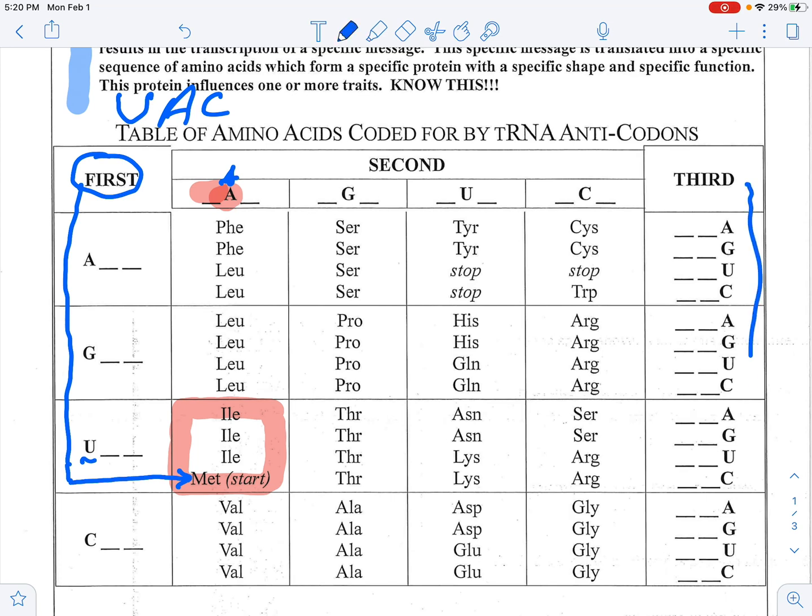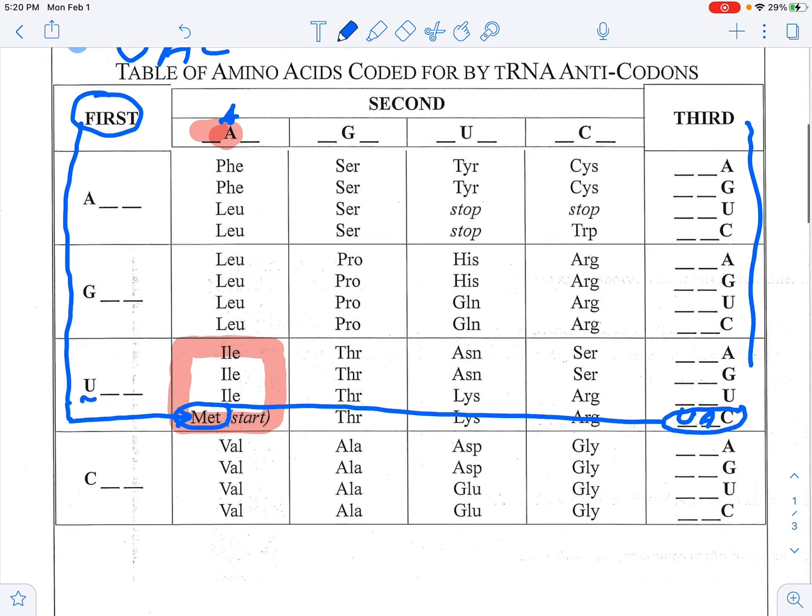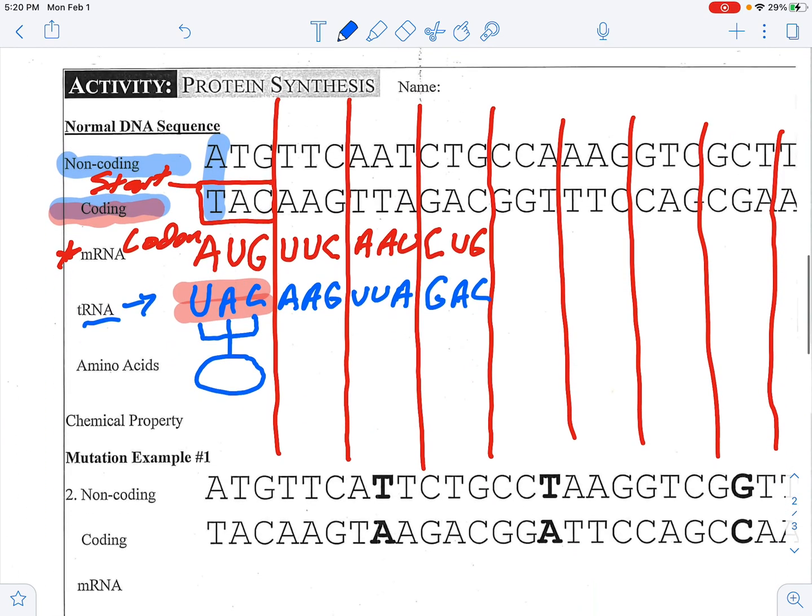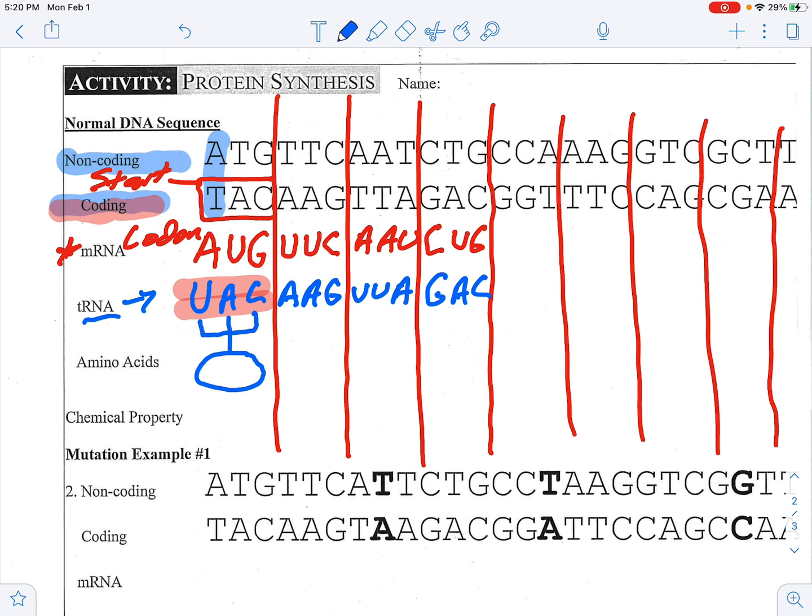So I go down, and the third letter is a C. So we've got U, A, and then the third letter being a C. That would code for methionine. So I'm going to go back, and in that circle there, I'm going to write MET for methionine.